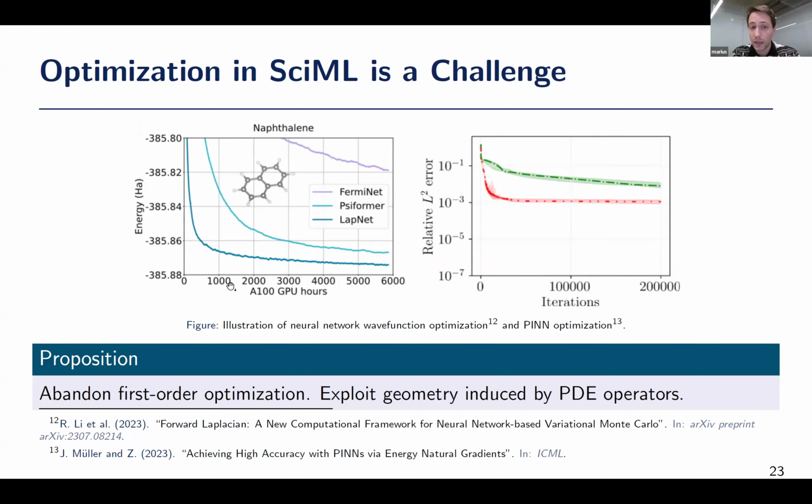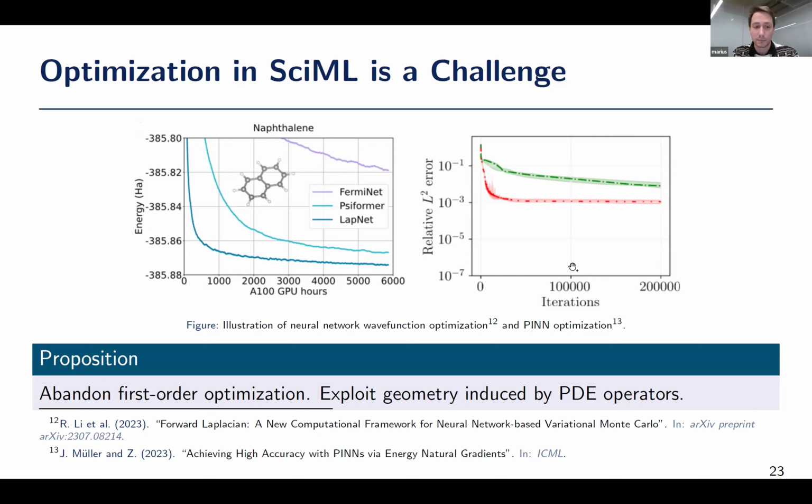And why I took this picture is the number of GPU hours for a single run. So they're spending thousands of GPU hours. And this is also a high-dimensional problem, so it's a very difficult problem. But certainly contributions to optimization will be meaningful in this field when you're willing to spend this much.